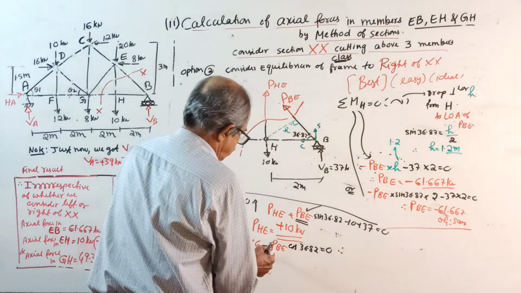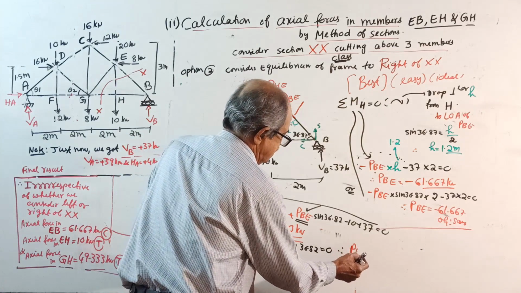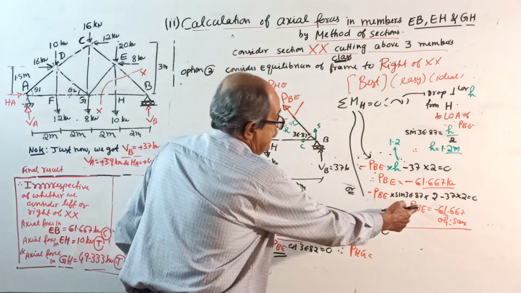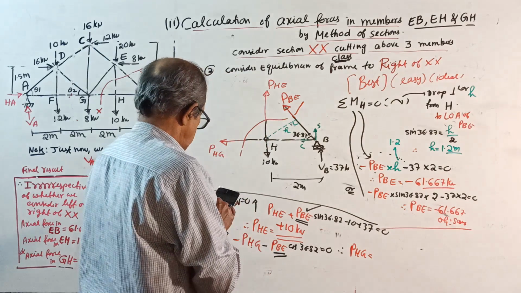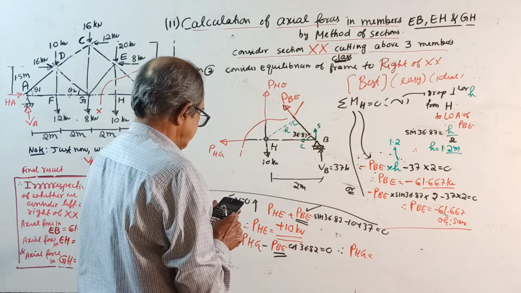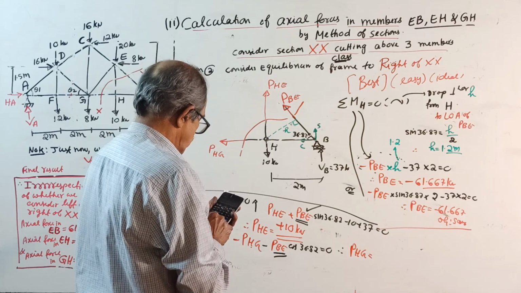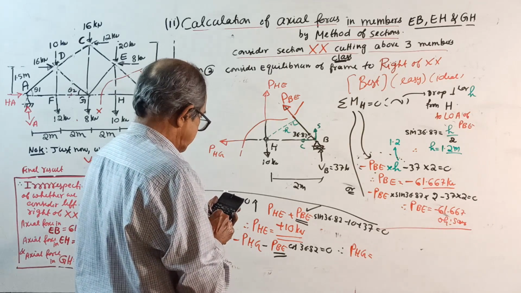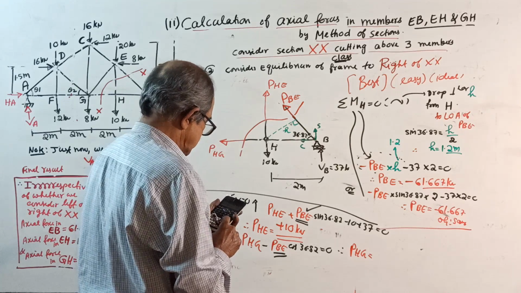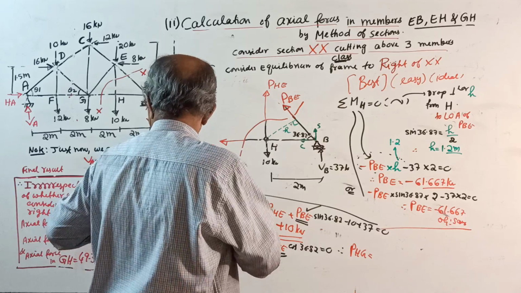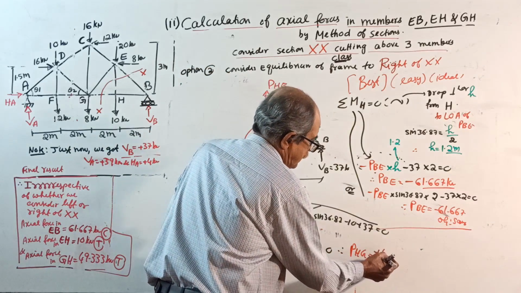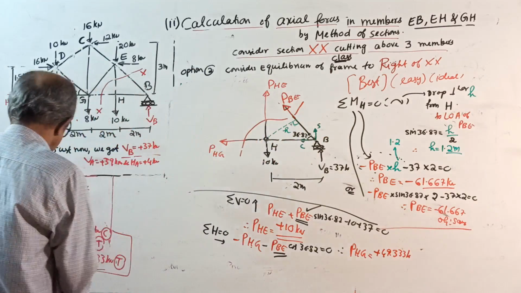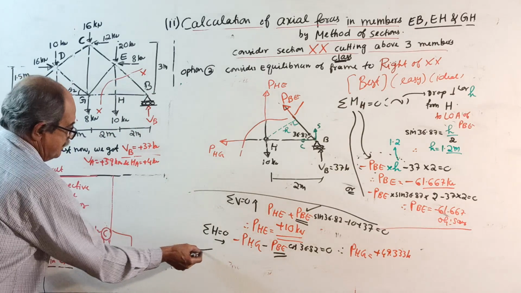Therefore you get the value of PHG, because PBE is already known. Minus 61.667 into minus 1 into 0.8. 61.667 into 0.8 gives plus 49.333 kilonewton. Right.